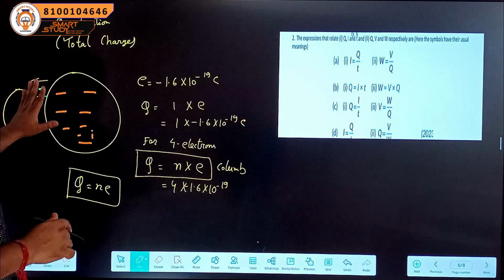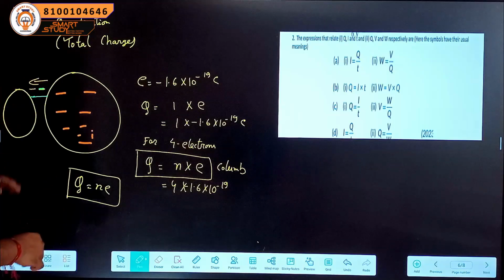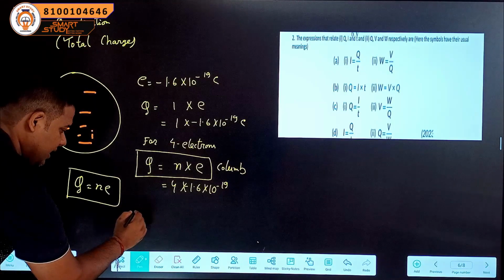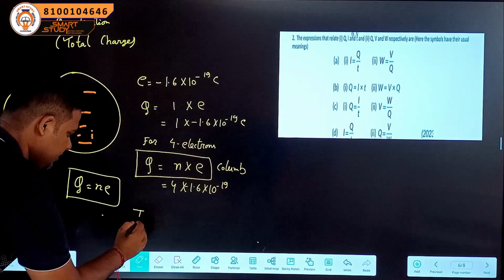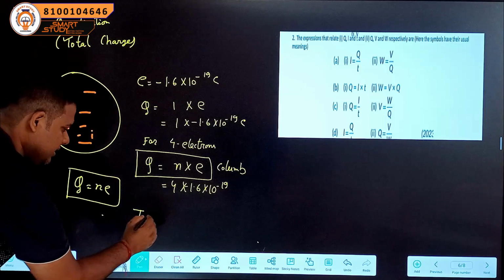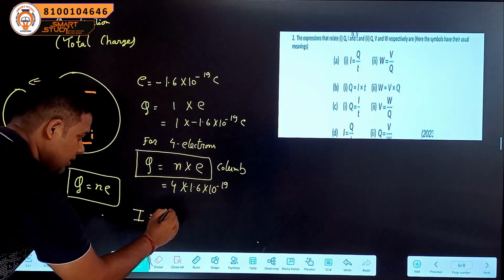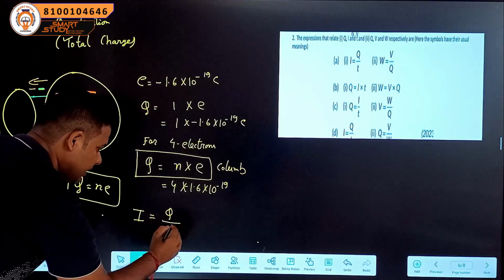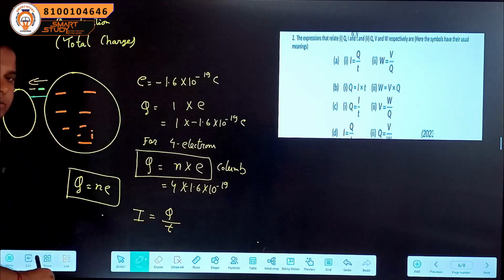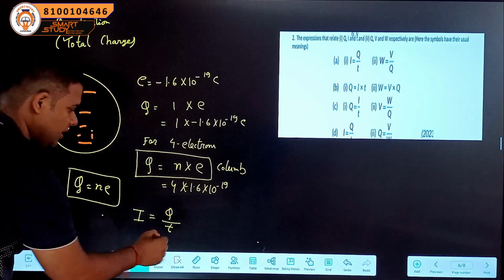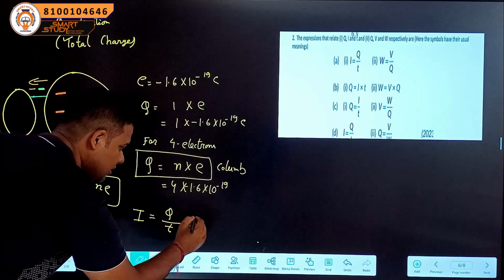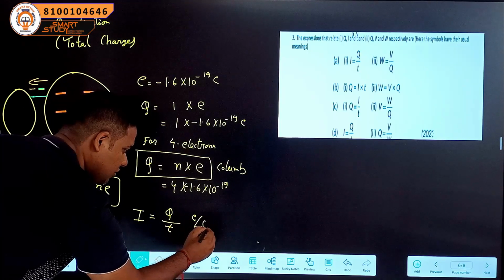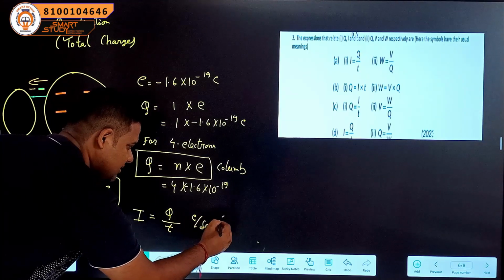So from that we give the definition of current: I is nothing but the amount of charge flowing with respect to time, I equal to Q by T, and the unit is coulomb per second, which is termed as ampere.